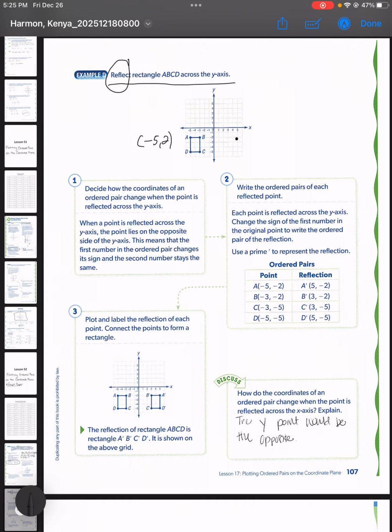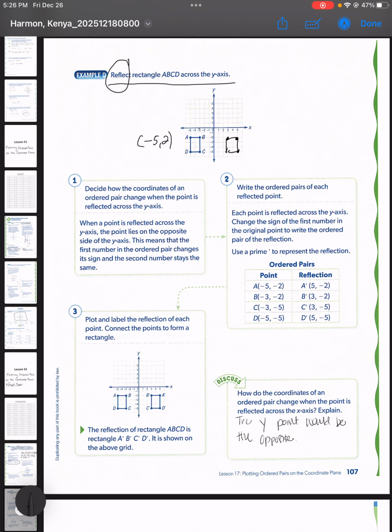B doesn't get any larger, any smaller, and I'm at -3 and -2. Then I must be ending up at 3 and -2. So that my rectangle stays the same size. That is going to help students as they plot the points for C and D as well.